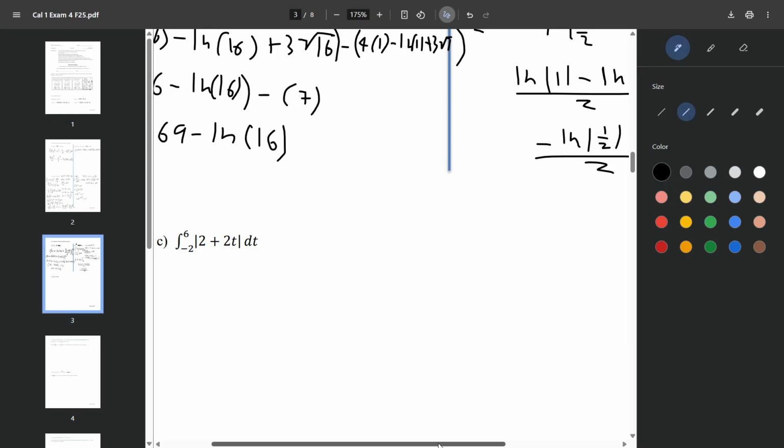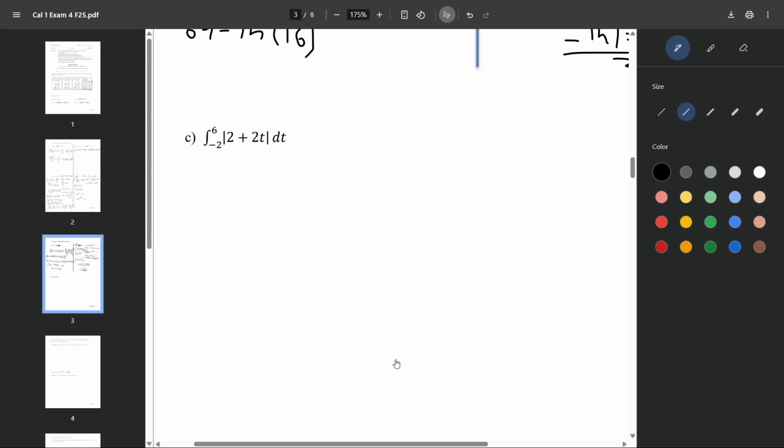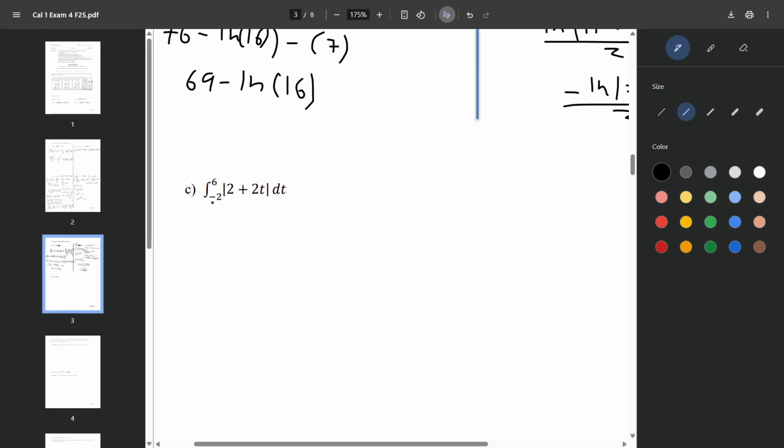Next up is question 3. Now question 3 starts off a bit tricky, but we can do it. First things first, since our integral has a lower bound of negative value and an upper bound of a positive value, we need to check when those values, well, actually no, it's not that. It's more so the fact that this equation has an absolute value.